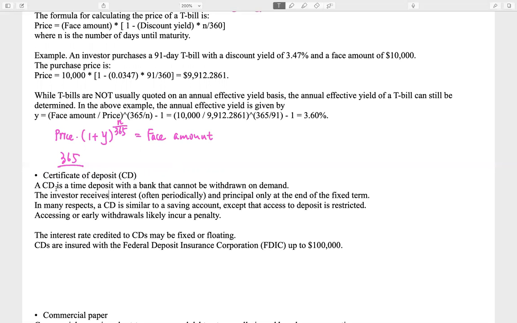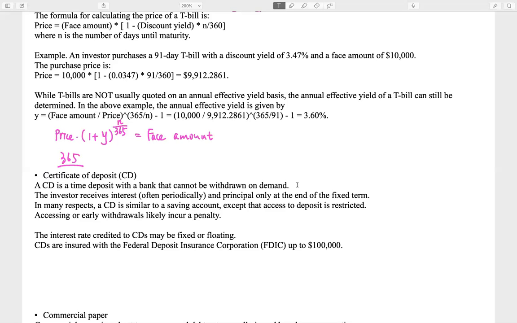From what I just mentioned, you already know a CD is a deposit with a bank that cannot be withdrawn on demand. Let's say I invest $5,000 into a CD for 1 year. In between, I cannot withdraw. Well, not exactly. If I really want to withdraw from a 1 year CD, let's say 2 months into the deposit, I will need to pay a huge penalty.